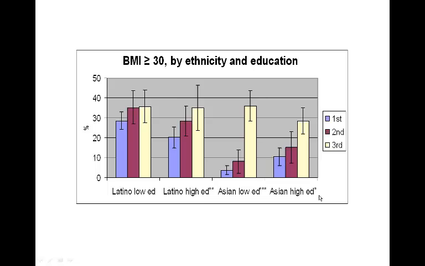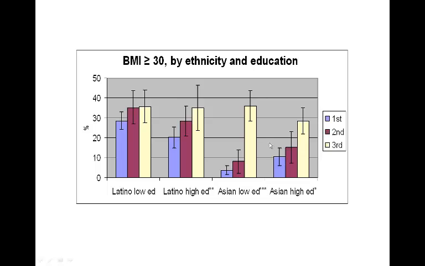When you subgroup it even further, you can see a little bit more complexity here, looking at ethnicity, pan-ethnicity, intersected with education status. Low education refers to those with less than a high school education. High education refers to those with high school education or more. And here you can see that stepwise relationship, more or less, increasing obesity with higher generation.